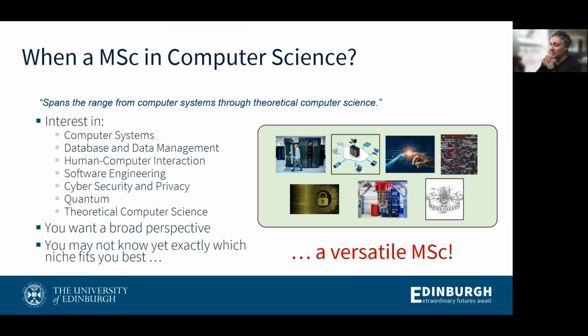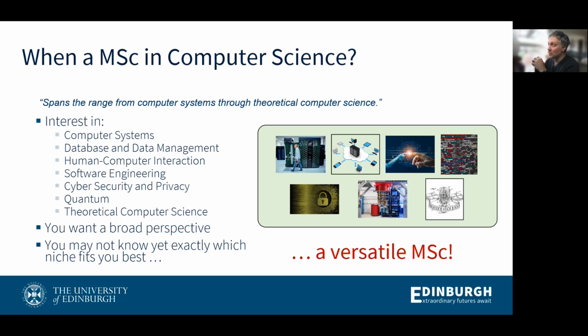Okay, so having said that, I think we can go towards the questions, but I just want to conclude by saying, when do you want to choose an MSc in computer science? When you are interested in all the different layers of computer science, right? From the low level to the high level. So you are interested, for example, in computer systems, databases, human-computer interaction, software engineering, cybersecurity, quantum and theoretical computer science.